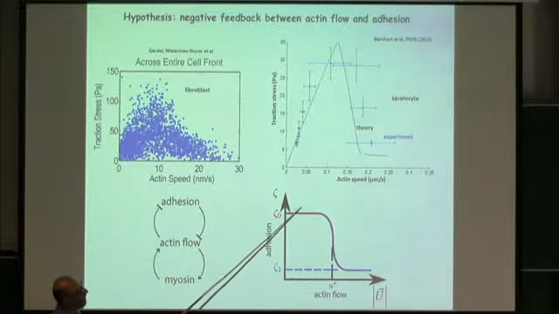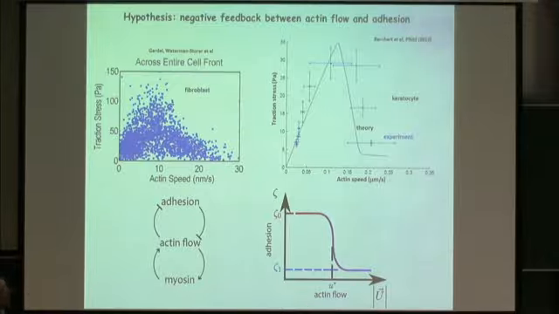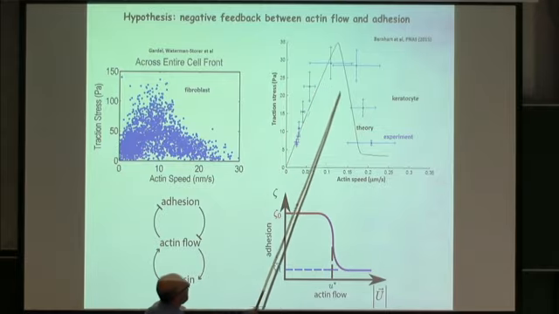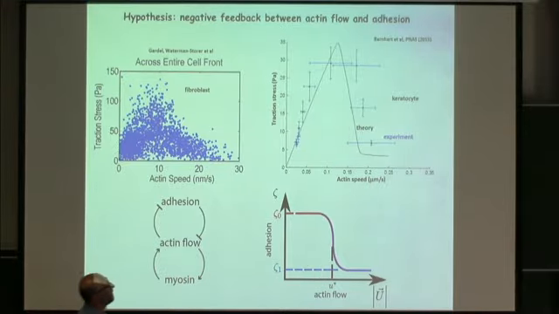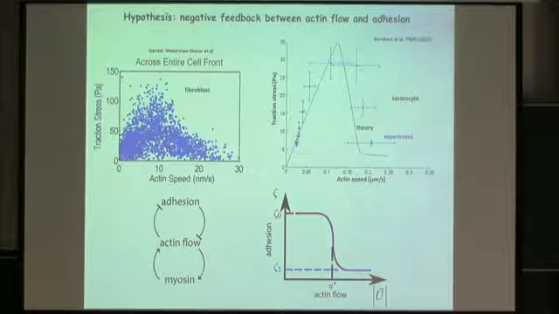So there's a high adhesion below the threshold flow and low adhesion above it. When we computed the traction stress with this assumption and plotted it as a function of the actin flow rate, and then we measured in the keratocyte the traction and the flow and found the ratio of the traction to the flow, this experimental data is reasonable with the theory.